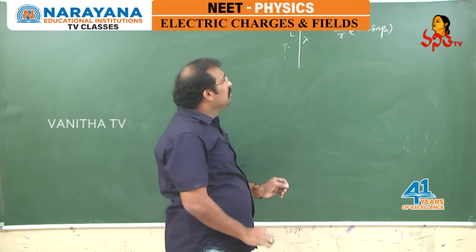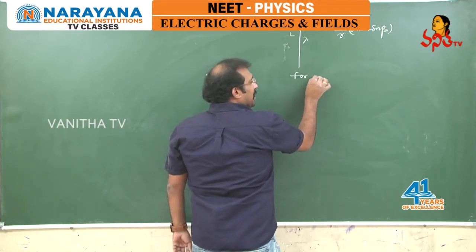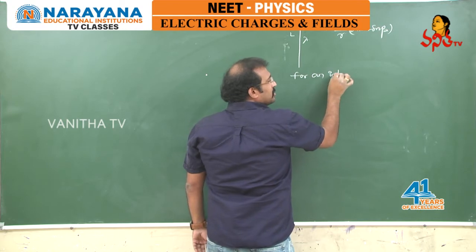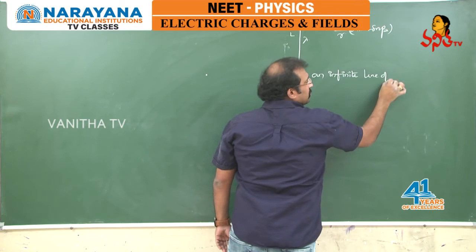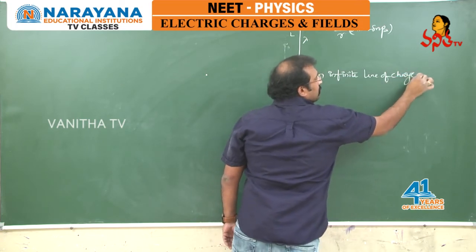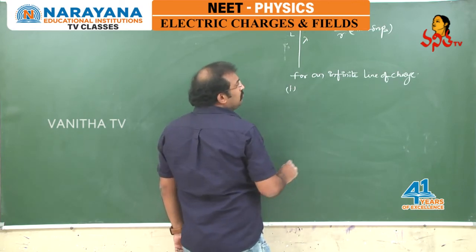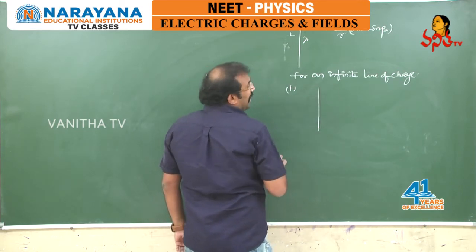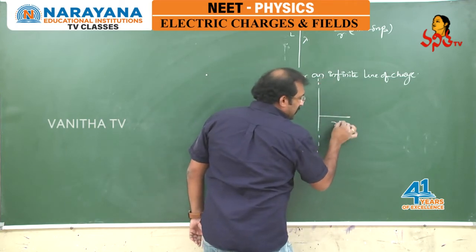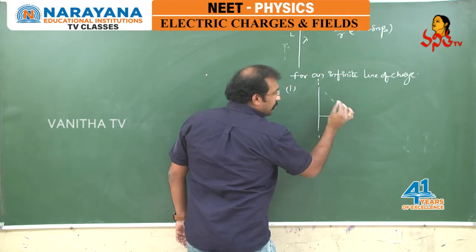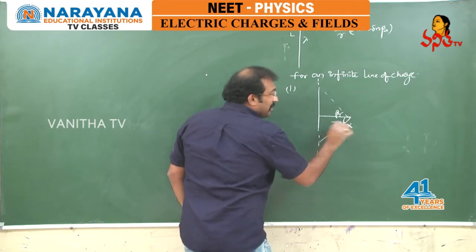Now let us see what cases we can discuss here. Case 1: for an infinite line of charge, at a perpendicular distance r. This is beta and this is alpha.